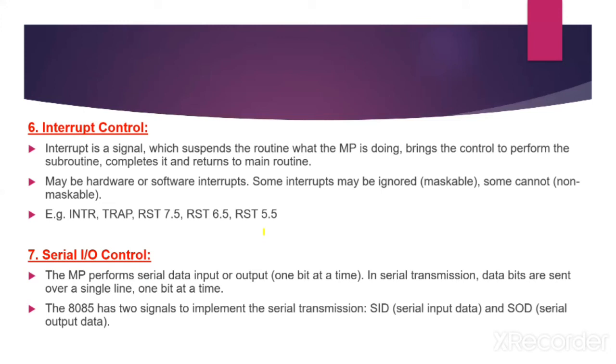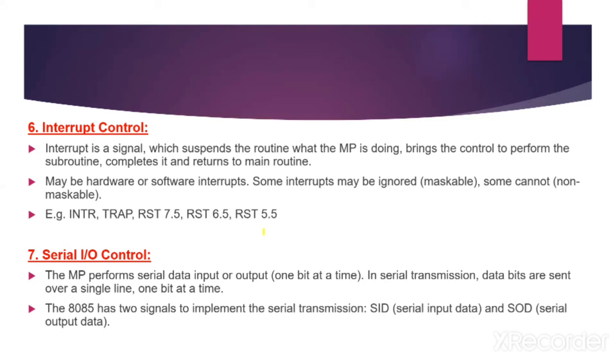Some interrupts cannot be ignored, they are non-maskable interrupts. Hardware interrupts may be maskable or non-maskable. There are 5 interrupts in microprocessor 8085, for example, INTR, TRAP, RST 7.5, RST 6.5, and RST 5.5.